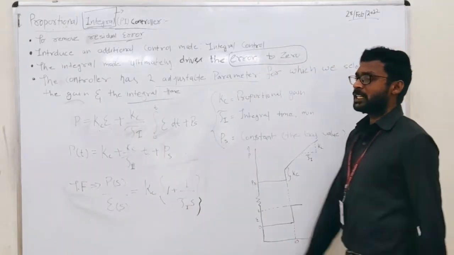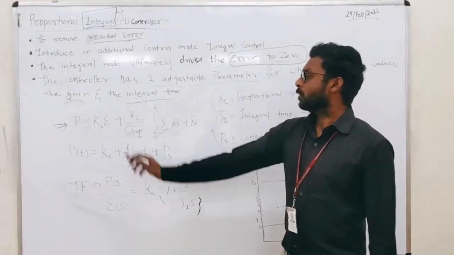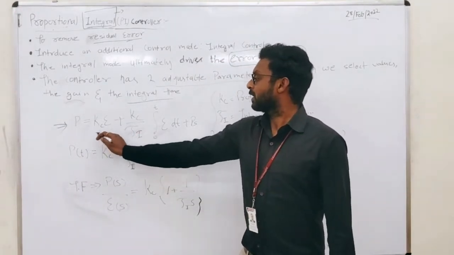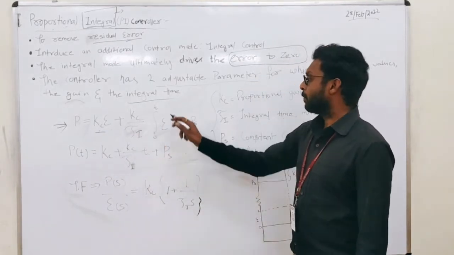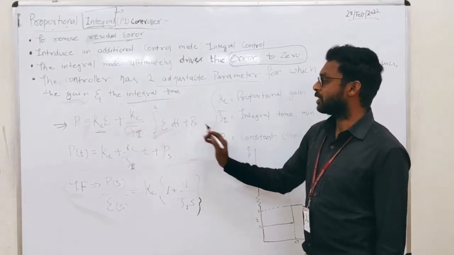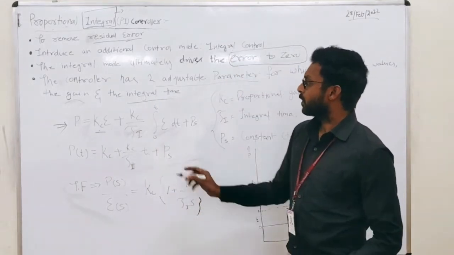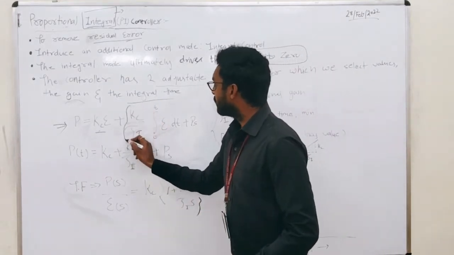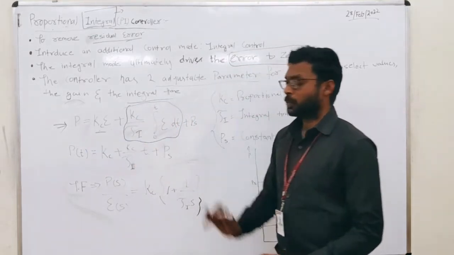Now, if you see the equation of the PI controller, P equal to Kc E plus Kc by tau I, integral of 0 to t E into dt, plus Ps. If you observe this equation properly, there is one extra term added to the proportional controller.